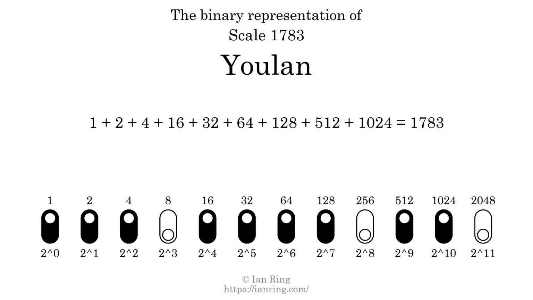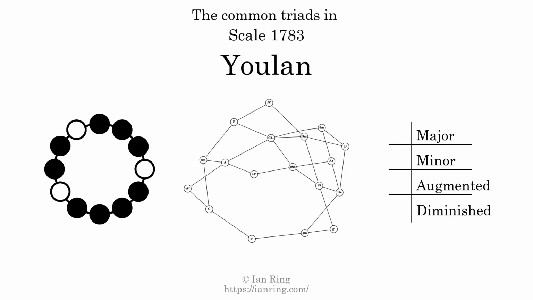That is why the scale number, in decimal, is 1783. The scale number not only enumerates the scale with a unique index, but it also literally describes the tonal content of the scale. Represented as a binary number in base 2, the scale number is 0110111101111.